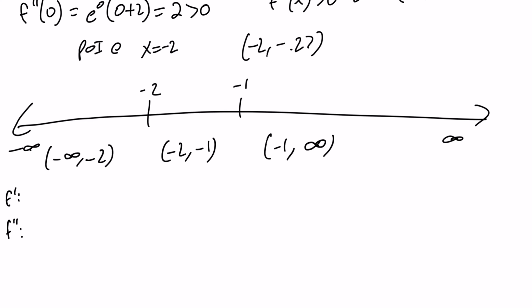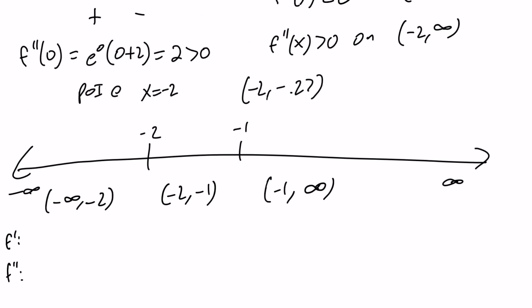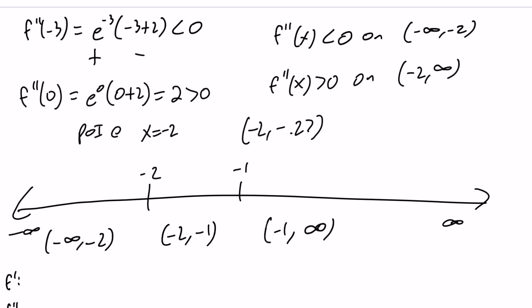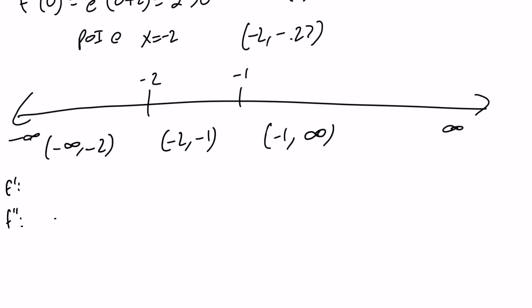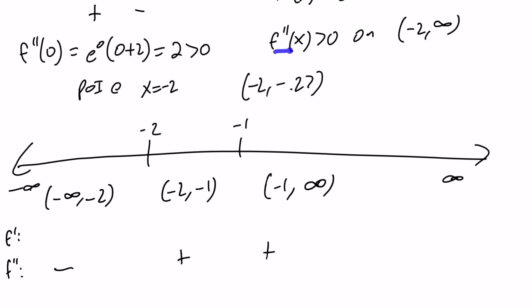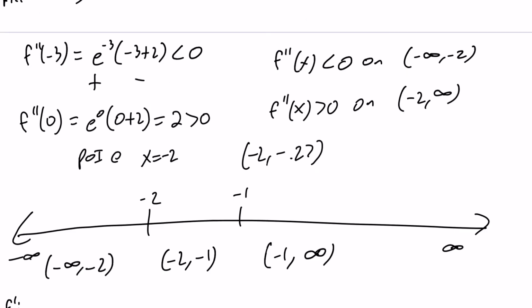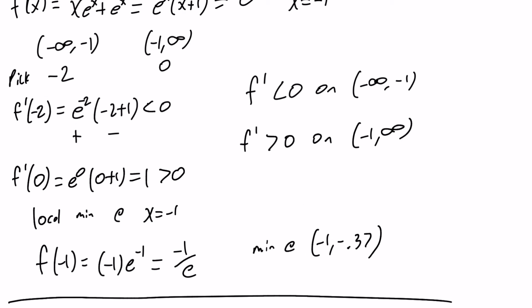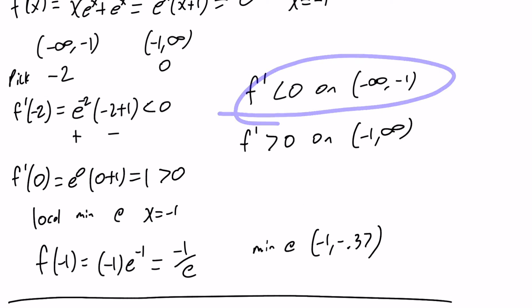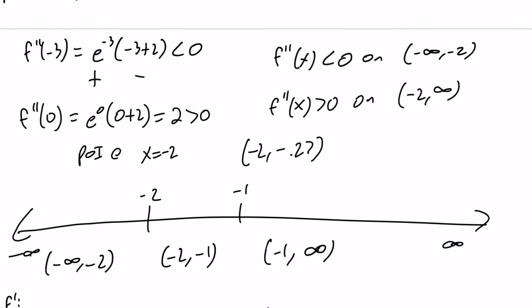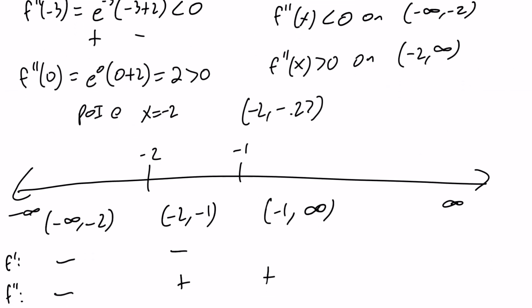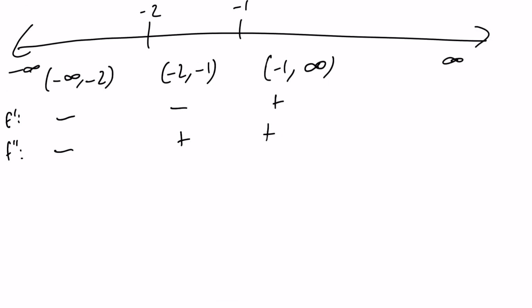Let's take a look at the first and second derivative on each of these. We found that the second derivative is less than 0 on the interval from -infinity to -2, and bigger than 0 everywhere else. So it's bigger than 0 on -2 to infinity. And the first derivative we found is less than 0 from -infinity to -1, and bigger than 0 everywhere else.